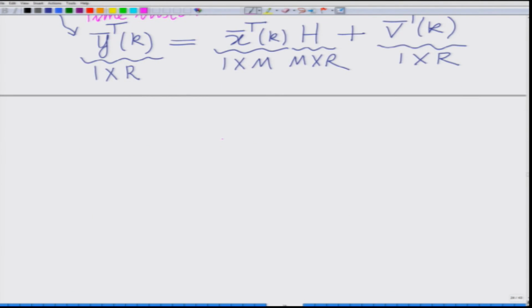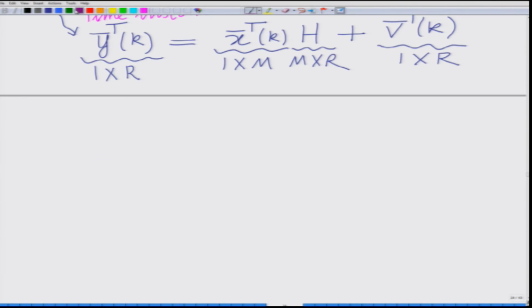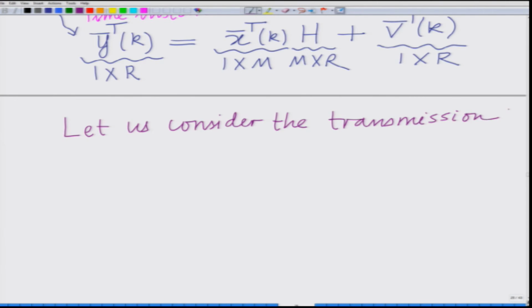This is for a particular time instant k. Now, let us consider the transmission of n pilot vectors, that is, let us consider n transmission instants.